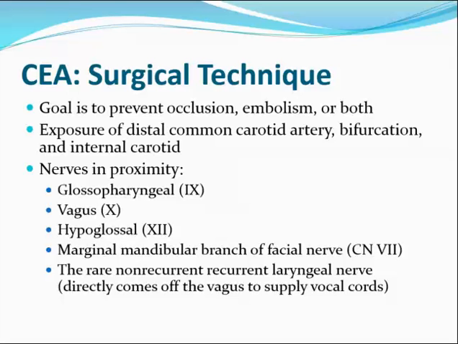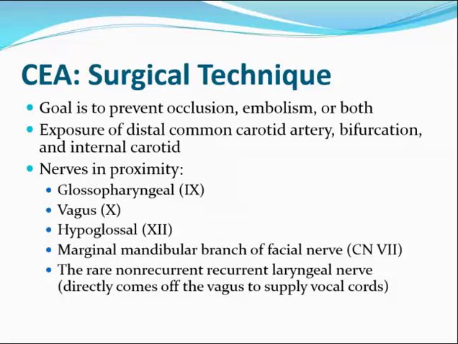The glossopharyngeal nerve, which is cranial nerve number 9. We have the vagus nerve, which is the 10th cranial nerve. We have the hypoglossal nerve, which is the 12th nerve. We have the marginal mandibular branch of the facial nerve, cranial nerve number 7.